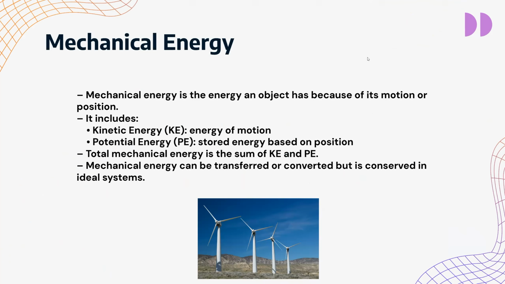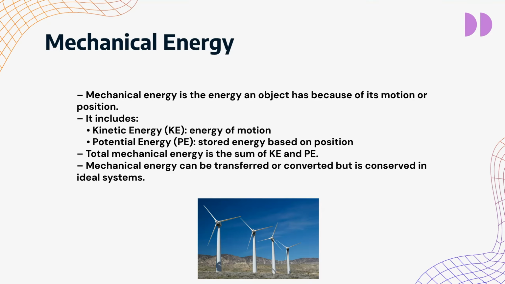Mechanical energy is the energy an object has because of motion or position. This makes sense, because mechanical stuff is physical stuff. It includes kinetic energy, the energy of motion, and potential energy, which is stored energy based on position.